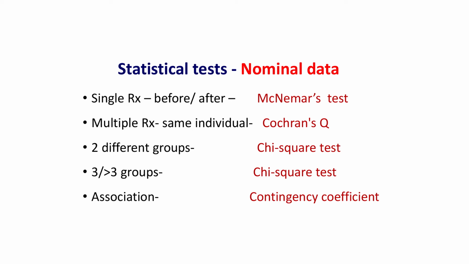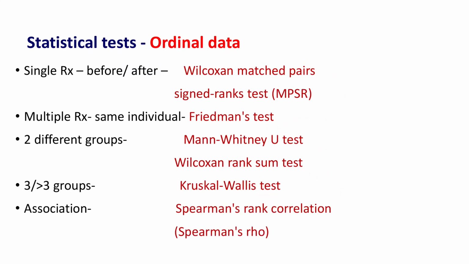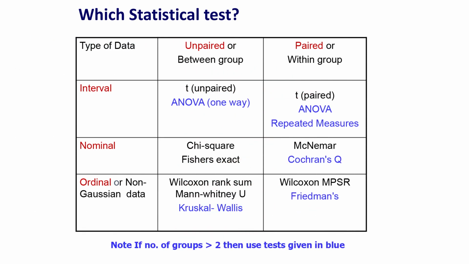If there are multiple treatments, you will have Cochran's Q test. Then if there are two groups, chi-square, and more than two groups also chi-square, and as I said, association we will see later on. In the case of ordinal data also you have different tests, and all these tests are summarized in this table, and this is enough for you to understand how to read this table.